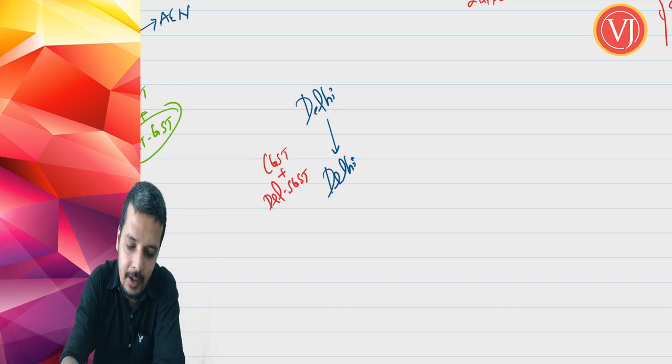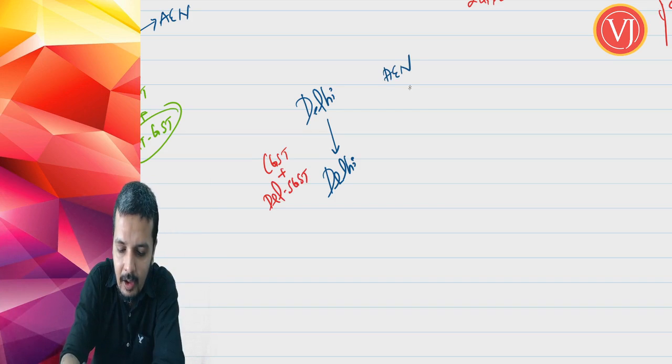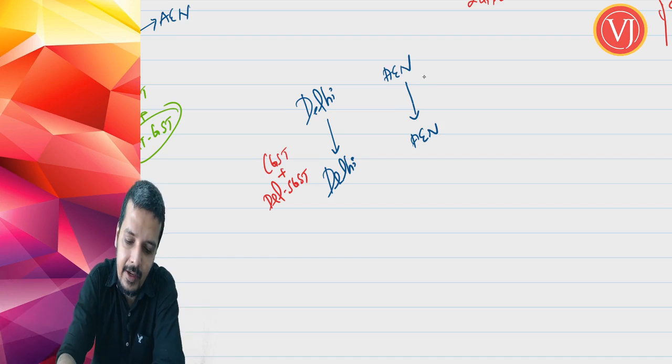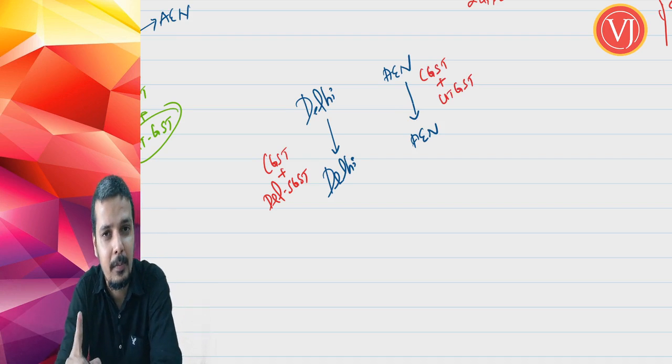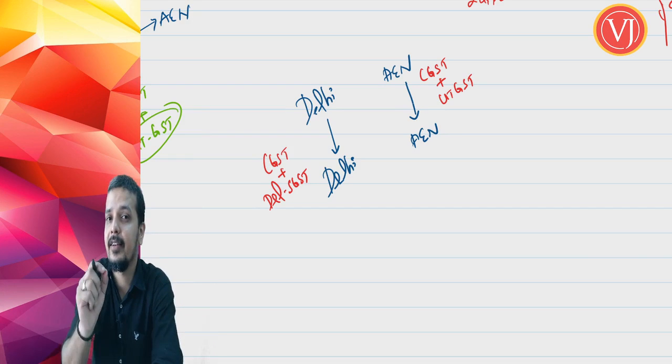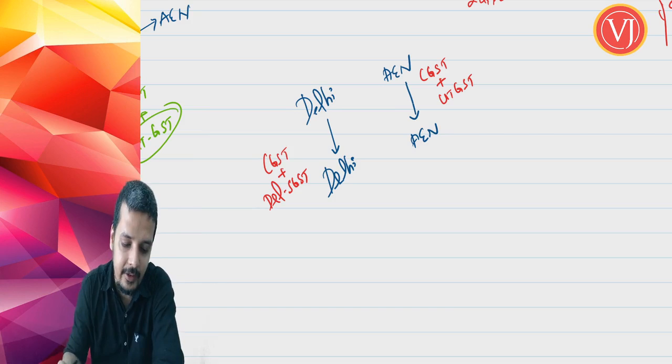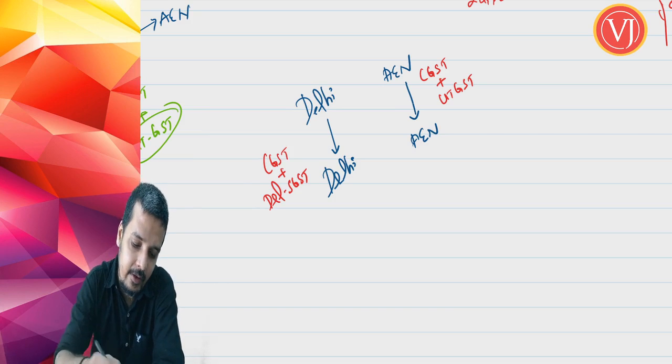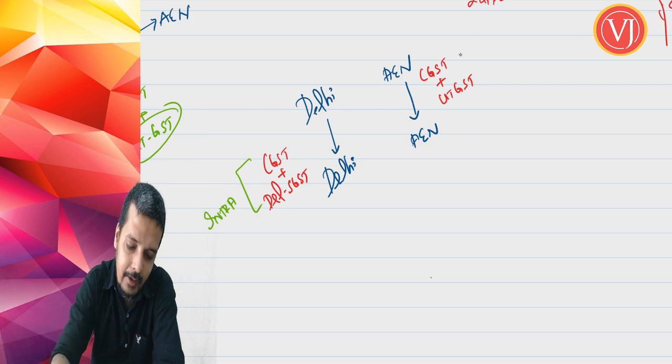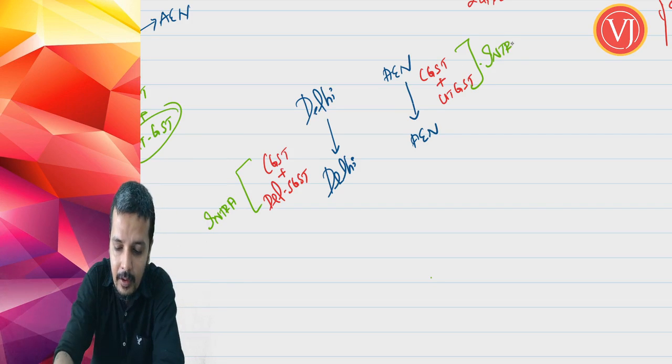If you are talking about say Andaman and Nicobar to Andaman and Nicobar, it is again CGST plus UTGST, because Delhi happens to be a state for the purpose of GST. It is a union territory with legislature. In both the cases, we are talking about intrastate supply.